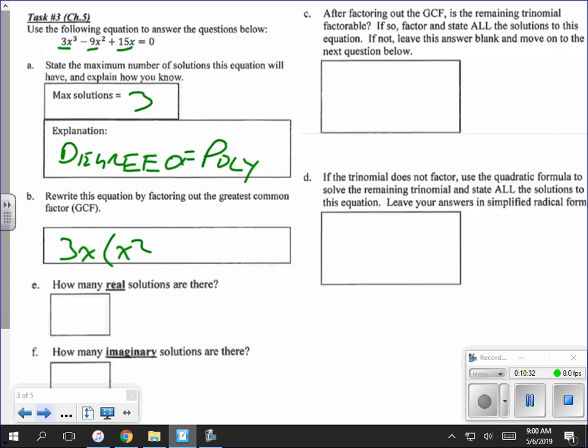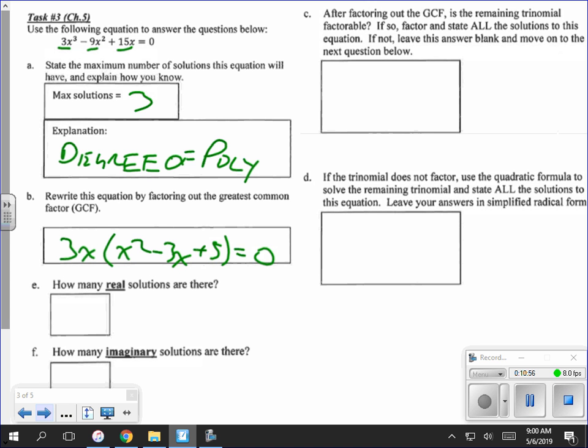Negative 9x, I took out 3x, that leaves me with negative 3x. 15x, I pulled out 3x, it gives me plus 5, equals 0. You need to have both parts. The part you factored out and the part left behind. You give me one or the other, but not both, you're wrong. Okay, it gives me both of them.